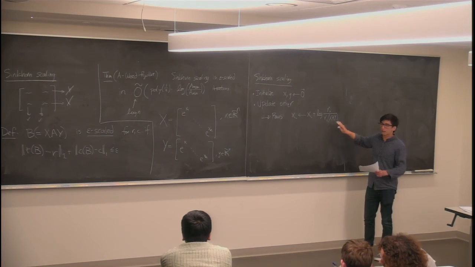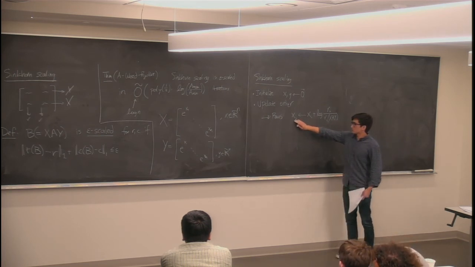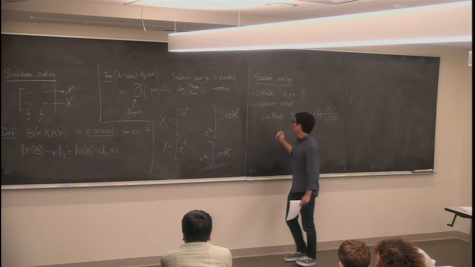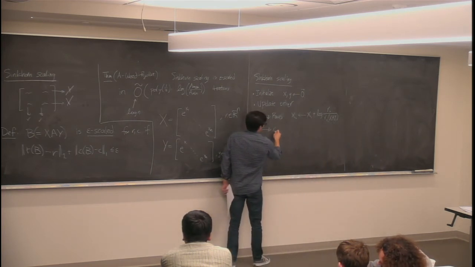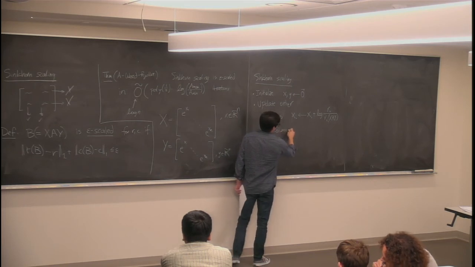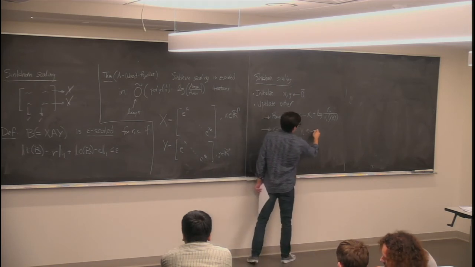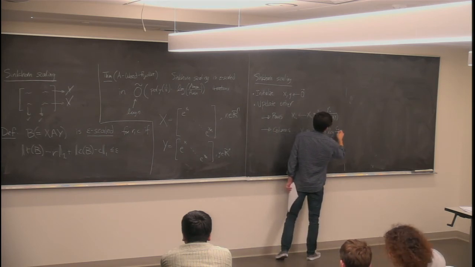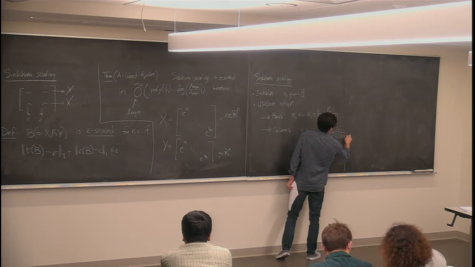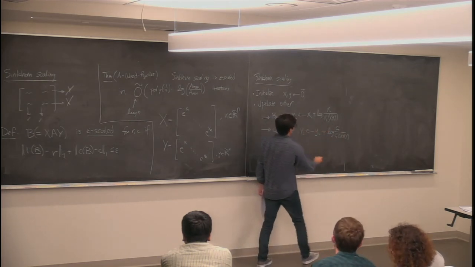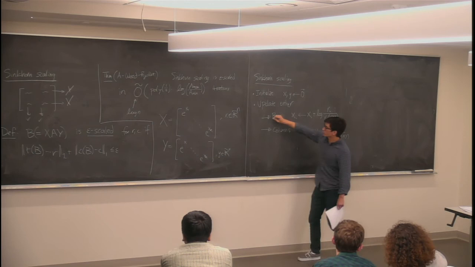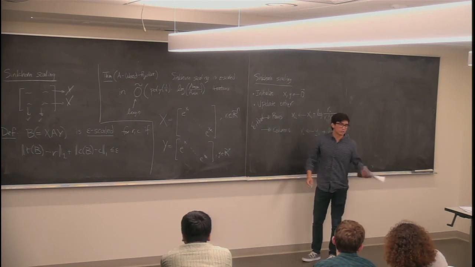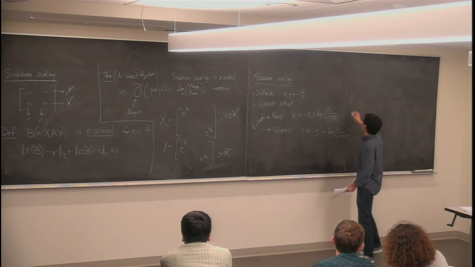So if you want to update the rows, you update the vector x in this simple way. And if you want to do the columns, it's exactly the same thing. Now I replace x with y and rows with columns. Just to be explicit, you either do the rows or the columns, depending on whether the iteration is odd or even.